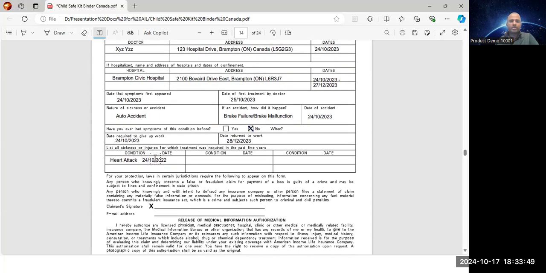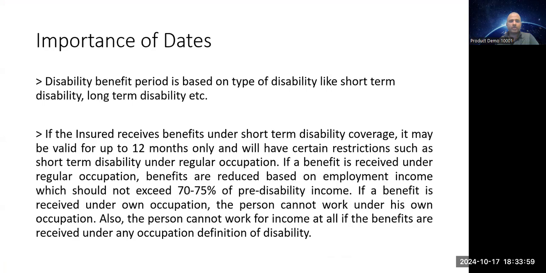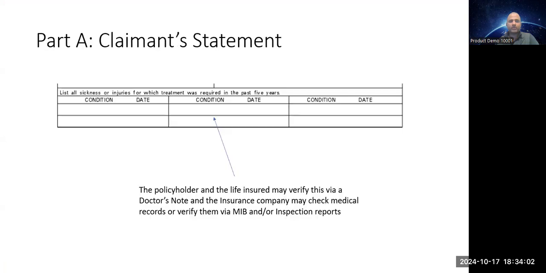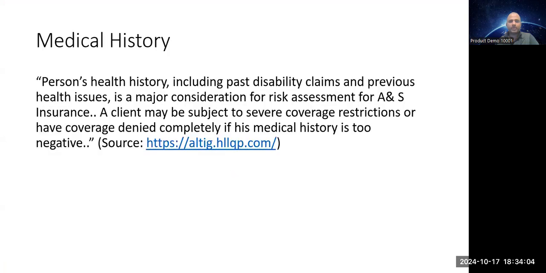Again, this has to do with your medical history. And medical history is important when it comes to underwriting risk. A person's health history, including past disability claims and previous health issues, is a major consideration for risk assessment for insurance.